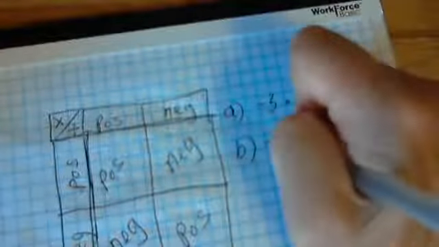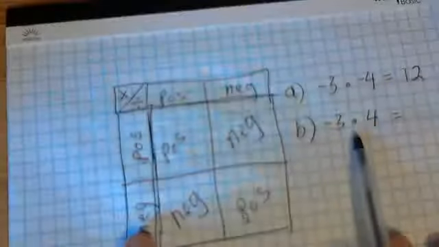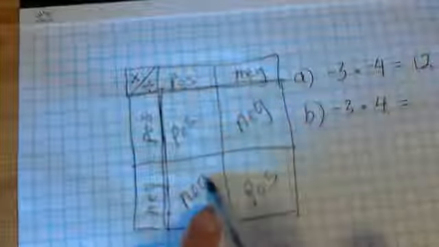And the result is positive 12. If I have one of them negative and one of them positive on the other hand, so a negative 3 multiplied by a positive 4, they have opposite signs, it's a negative answer. So my answer will be negative 12.